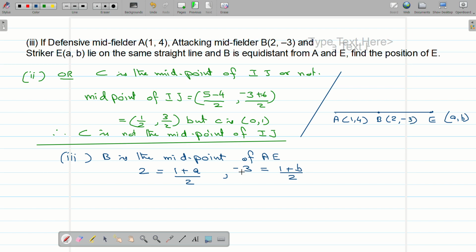So minus 3 is equal to 1 plus B by 2. So 4 is equal to 1 plus A, A is equal to 3.